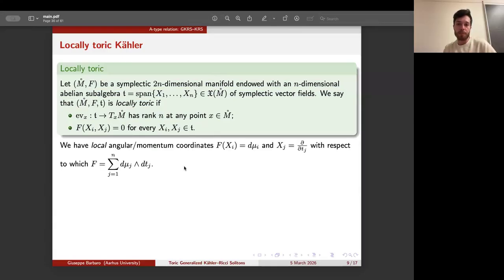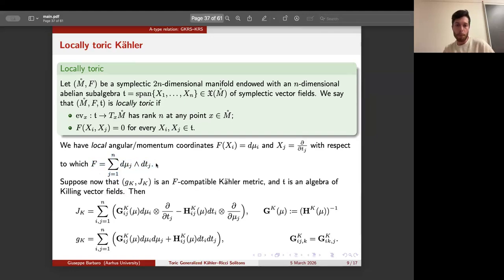So now, once you have this, as usual, you can take the contraction of your symplectic form, and this gives you moment coordinates, and then you also have the angular coordinates, and the symplectic form reads in this easy way. And having a Kähler metric which is compatible with this symplectic structure is just given in this way.